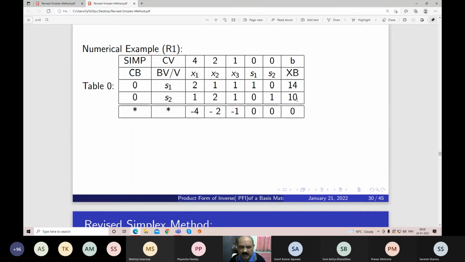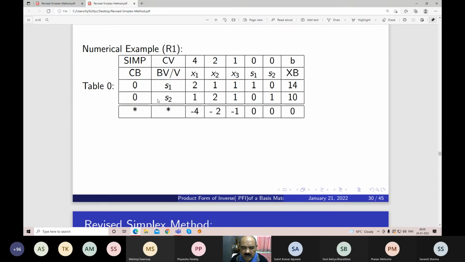So how much will it be? 14 into 2 by 3 is 28 by 3, minus 10 by 3, that is 18 by 3, which means our x1 is becoming 6.